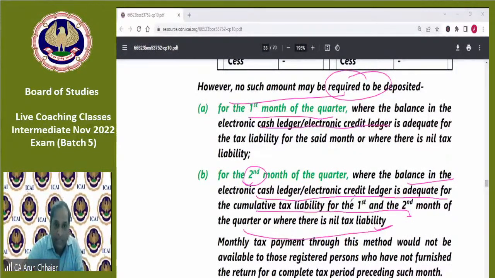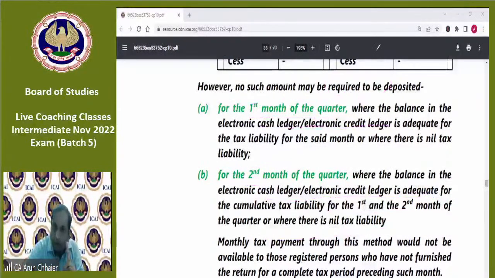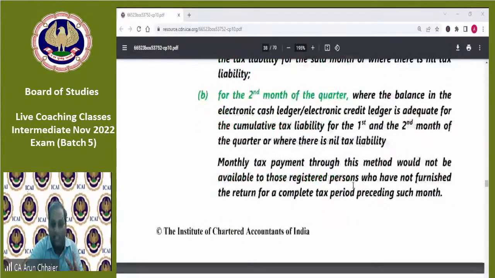So simply, if there is sufficient cash and credit balance to pay the tax liability for the said month in the first month of the quarter, and cumulative in the second month, then there is no requirement to pay additional tax again through PMT06 by the 25th.